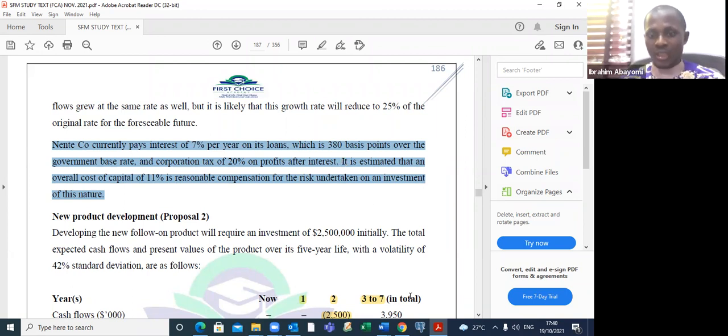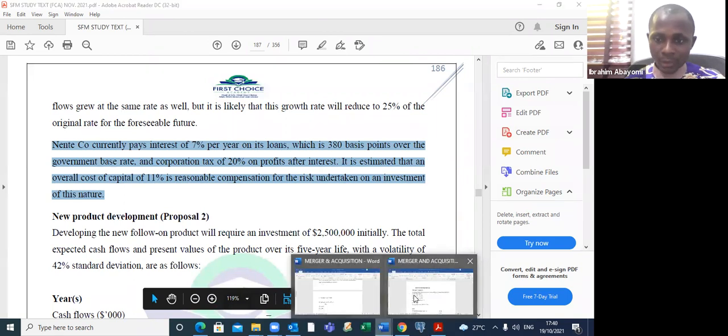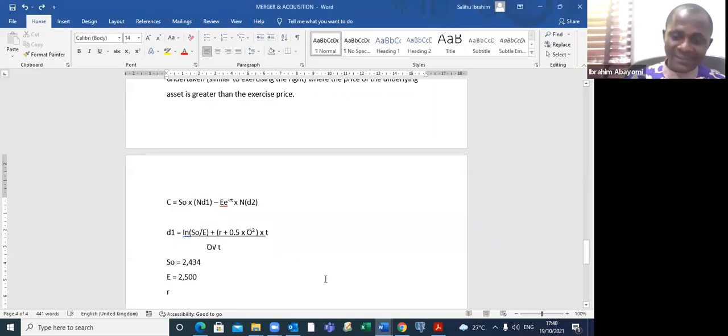So by implication, the risk-free rate is 7% minus 3.8%. So 7 minus 3.8 is 3.2%.